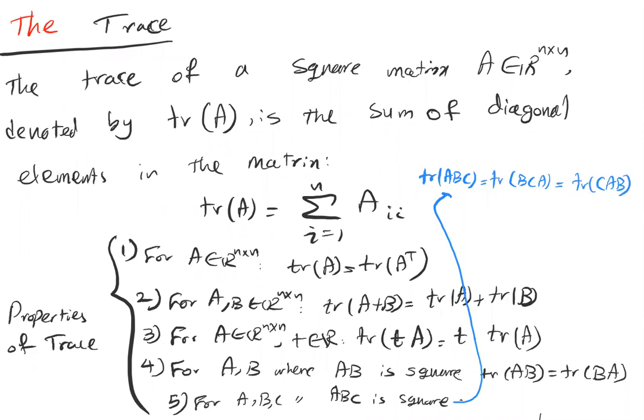And this can be expanded to more matrices. As long as the product of some matrices is a square matrix, you can change the location and still claim that the trace is equal in all scenarios.